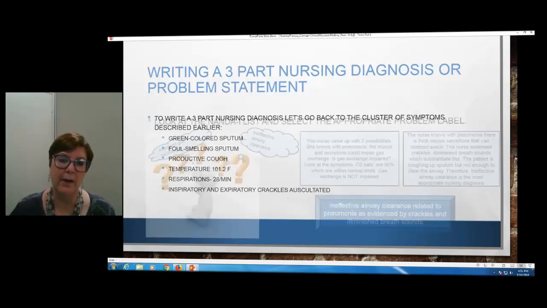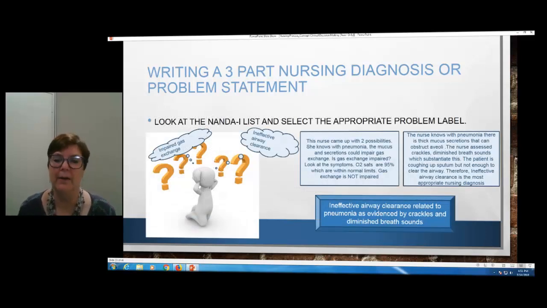And then, as we sit here, we now have the diagnosis from the physician that the patient has pneumonia, and we do know that the O2 sats are okay. So we're going to take our cause, and we're going to take our evidence or our assessment data that proves that this is a problem, and we're going to write our three-part nursing diagnosis.